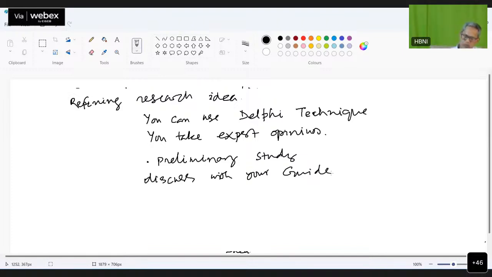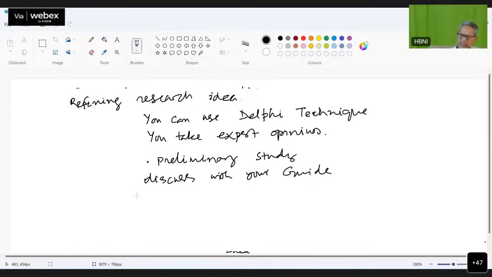And different people, whoever you want, you can discuss with them. Then suppose you get some feedback, some suggestion, then you can implement that, and you can integrate it with your research idea whenever you get a different idea from the Delphi technique.